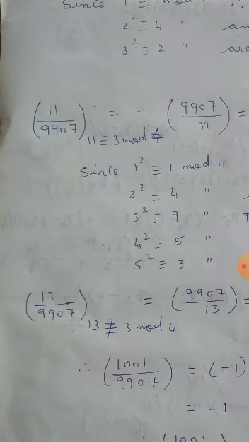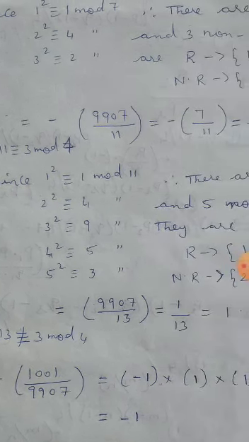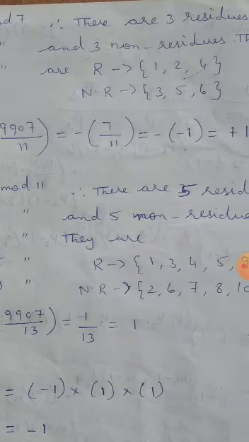The next value is 11. So check for 11. 11 divided by 4, you will get the remainder as 3. So minus of the reciprocal value, you divide 9907 by 11, you will get the remainder 7. So minus is outside. So (7/11). Now check for mod 11 whether 7 is a residue or non-residue.